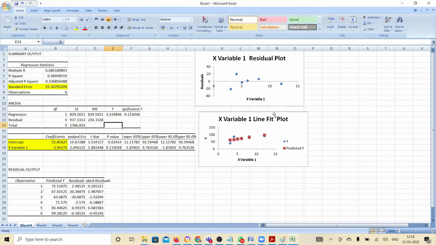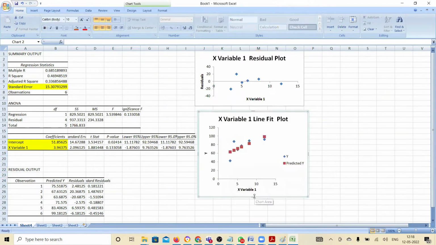Now, when you see this graph here, this is a scatter plot with regression line. Blue points are the actual values, and these red points are the predicted Y. So it has done the prediction on the blue point. Based on the data, it is predicting that a person who studies for, see here we have here.